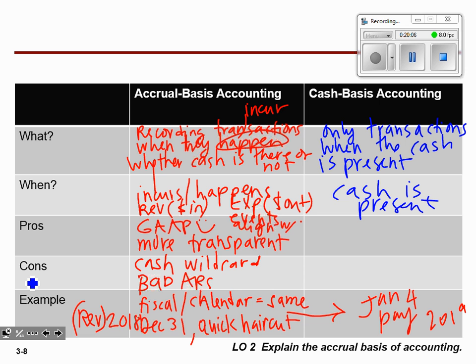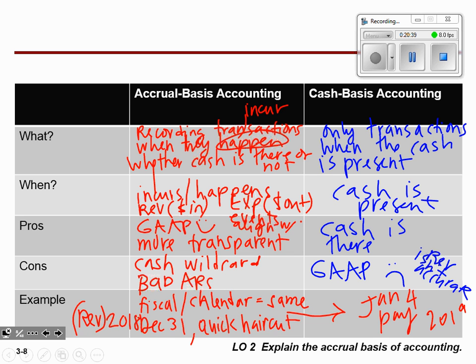So under cash basis accounting, it's like the haircut didn't even happen until they paid. The pro: hello, the cash is there. It's not this wild card floating cash, are we ever going to get paid? The big con is GAAP doesn't like this, and revenue isn't necessarily accurate. We earned that haircut revenue on New Year's Eve the year prior. 4 days later, yeah, the cash came.